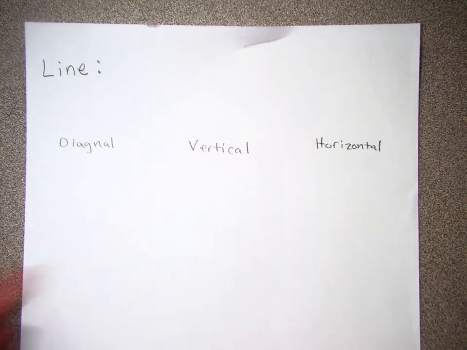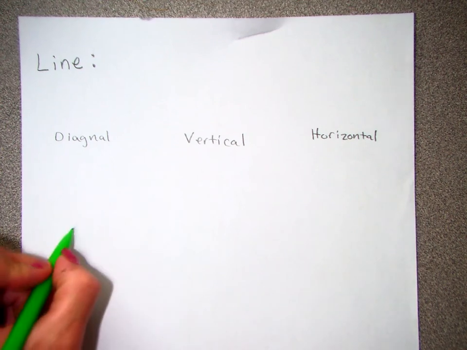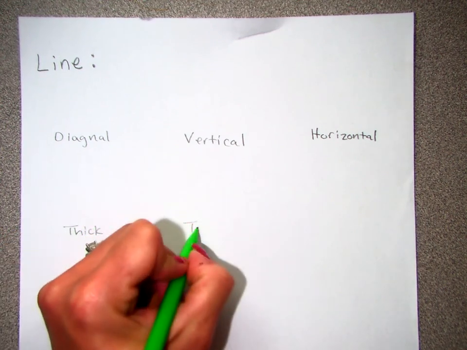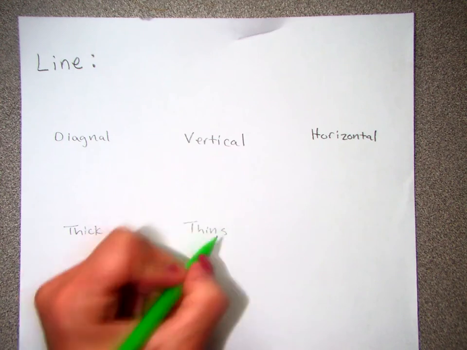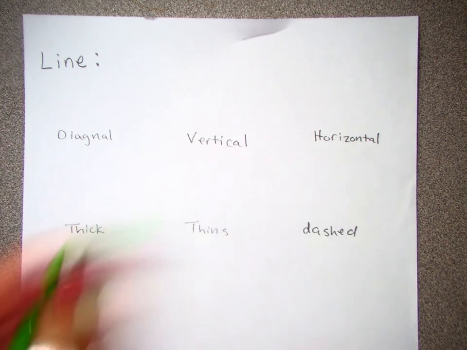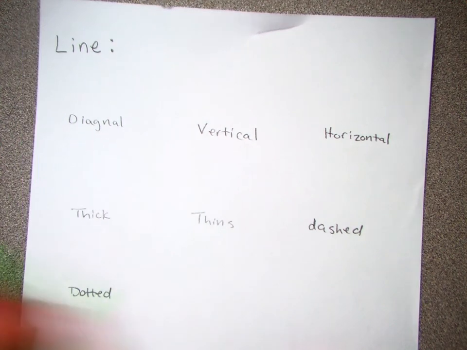Make sure you're labeling. I'm going to come back and do the examples in just a minute, but we're going to label them out first. We have thick lines, thin lines. We have dashed lines and dotted. Actually, I'm going to rearrange these just a little bit.